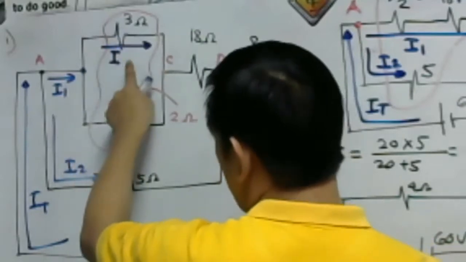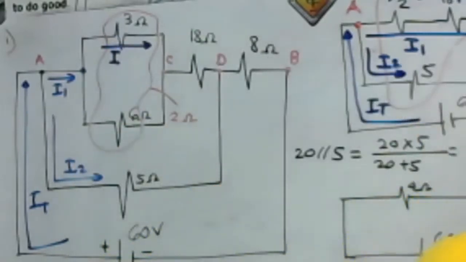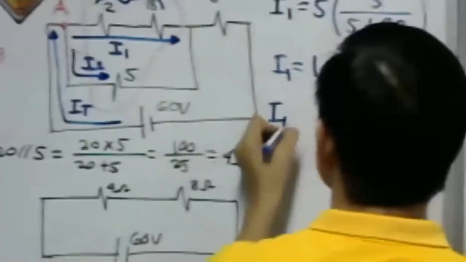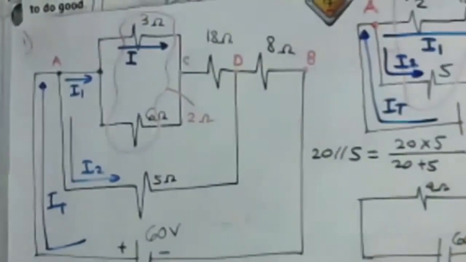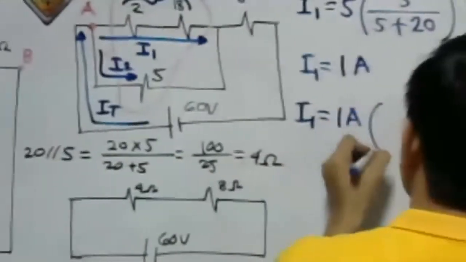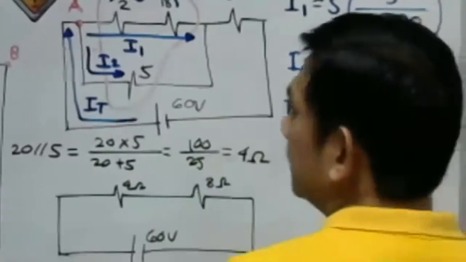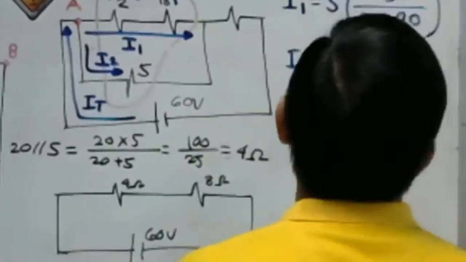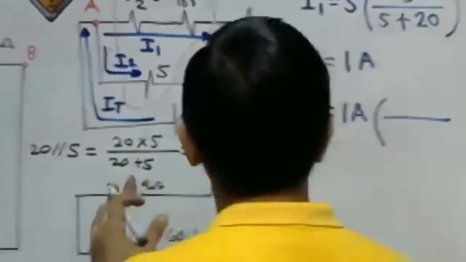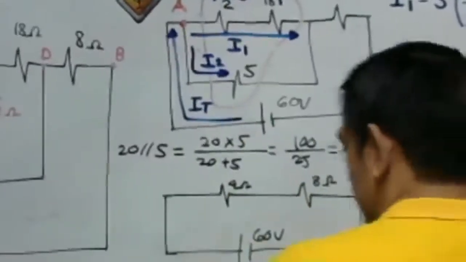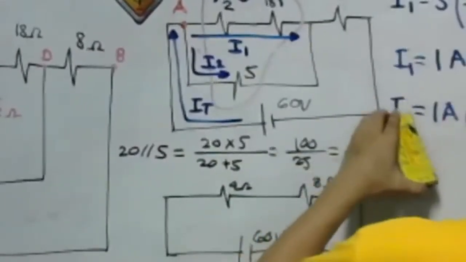The current here, I, we can get now from the circuit. It is equal to the resultant current I1, which is 1 ampere, multiplied by the opposite resistance. This is just simply I, ha?